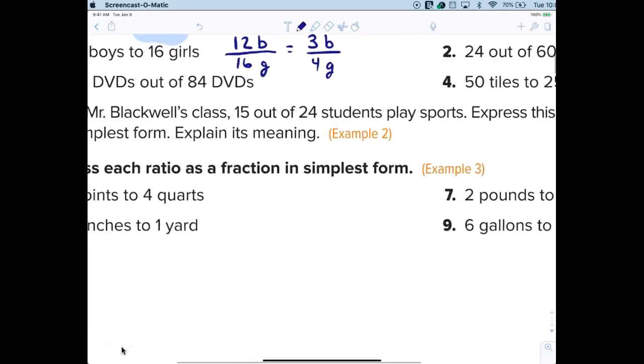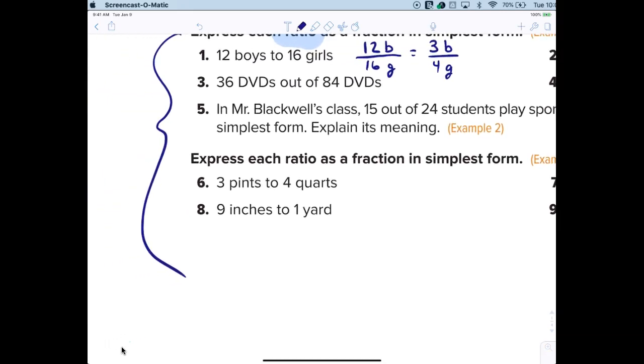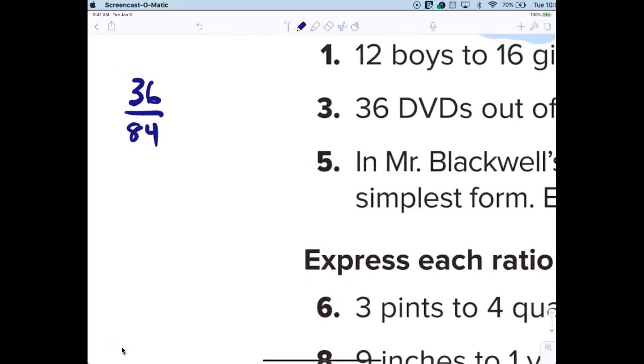Let's check out number 3. Now I have 36 DVDs to 84. Are they the same units? Yes, so the DVDs actually cancel out. So all you really have to do is write 36 over 84. Now I really would like everybody to look at that and say, what goes into 84 besides 2? 4, because 4 goes into 8 and 4 goes into 4, right?